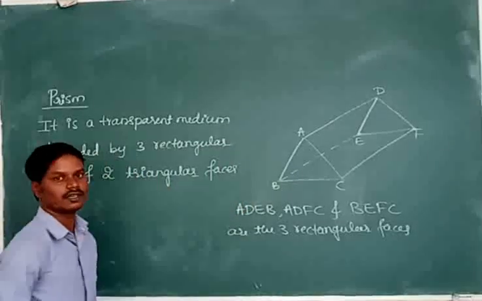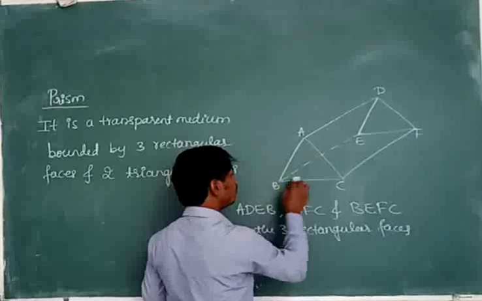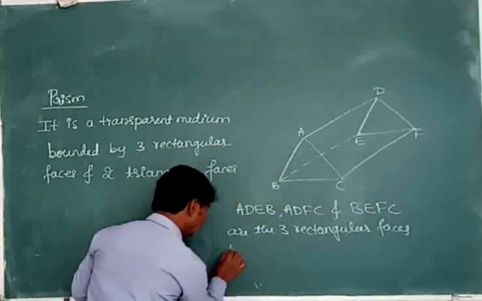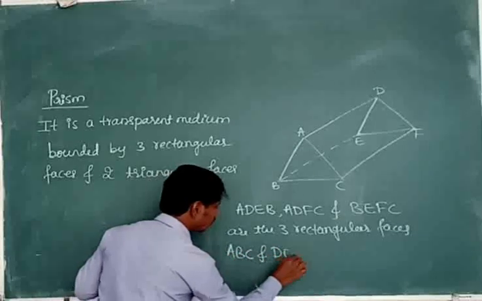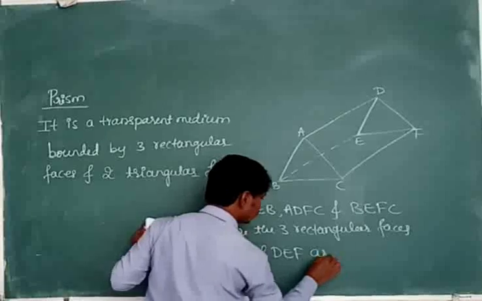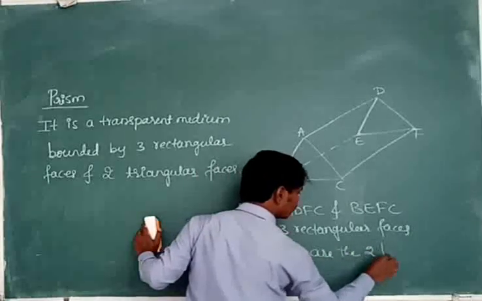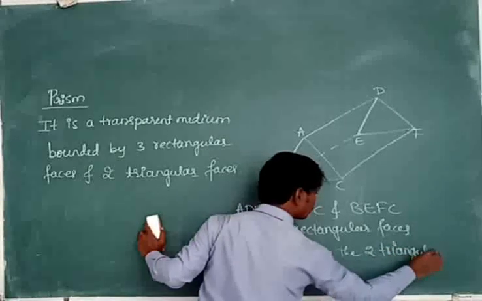The next one: how many triangular faces are there in the diagram? A, B, C and D, E, F are the 2 triangular faces.